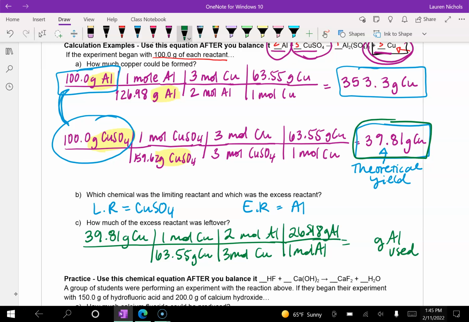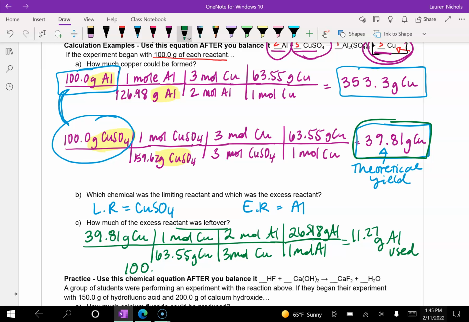And so I'm pretty much doing that first T-chart, but in reverse, and starting with the amount that I actually was able to use and create. And so when we put this into our calculator, we see, okay, we only used 11.27 grams of aluminum.